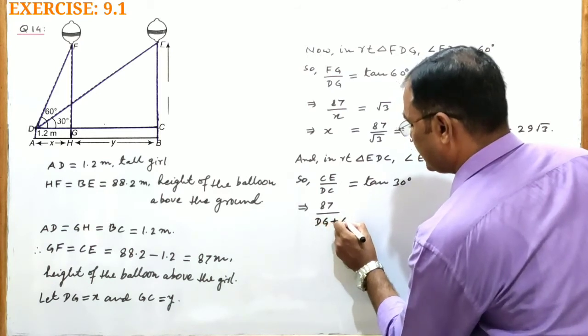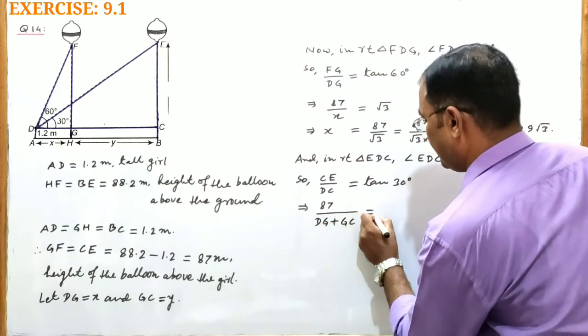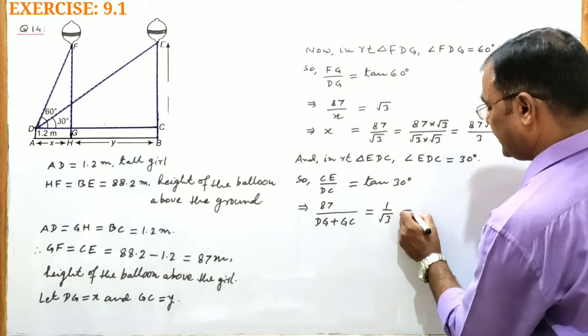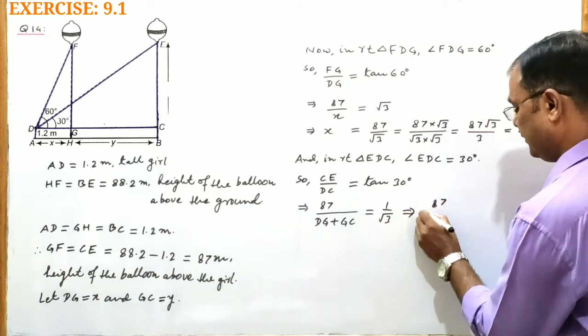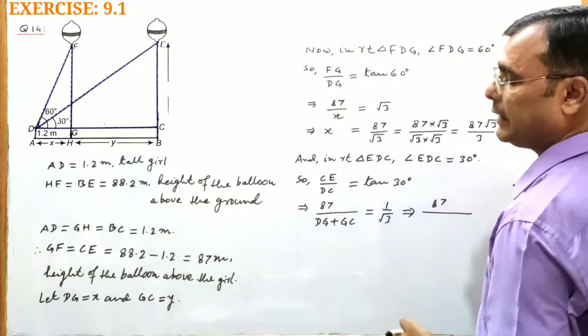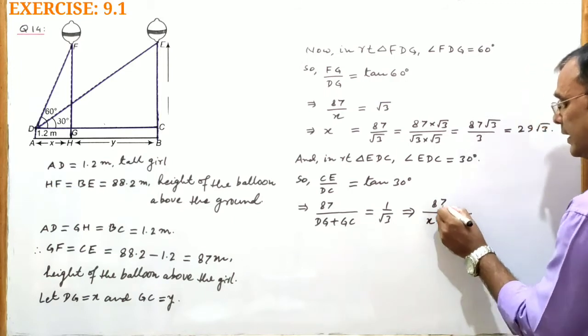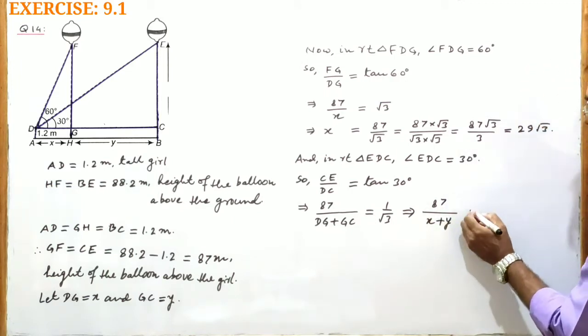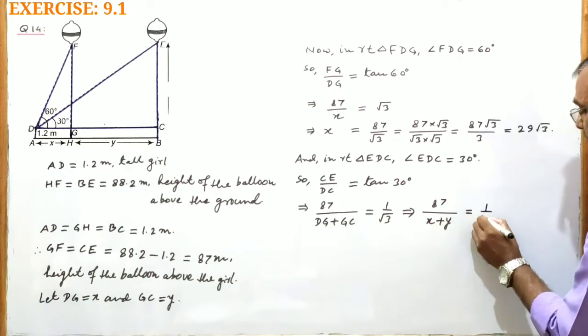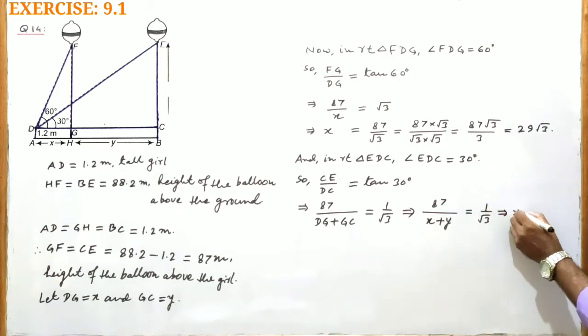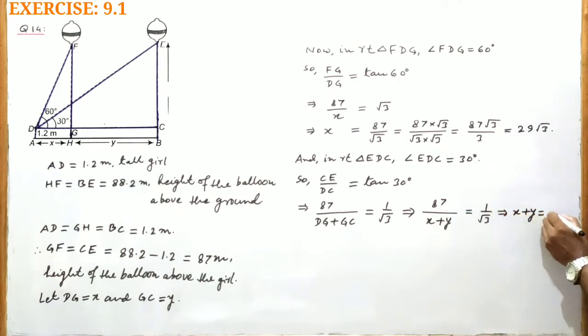DG plus GC equal to 1 by root 3. This implies 87 divided by DG, we have taken x, and GC we have taken y, so 87 by x plus y equal to 1 by root 3. Cross multiply and find x plus y is equal to 87 into root 3.